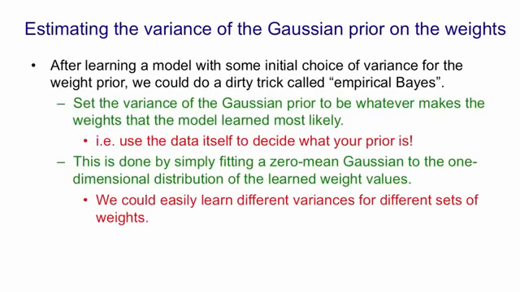We don't need a validation set, so we can use all of the non-test data for training. And because we don't need validation sets to determine the weight penalties in different layers, we can actually have many different weight penalties. This would be very hard to do with validation sets.